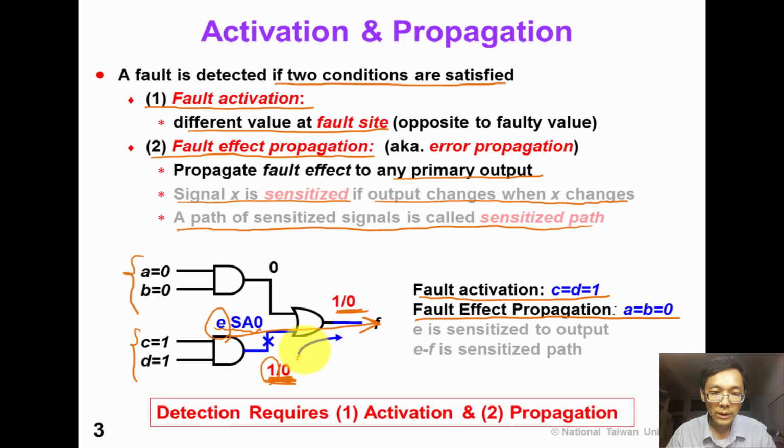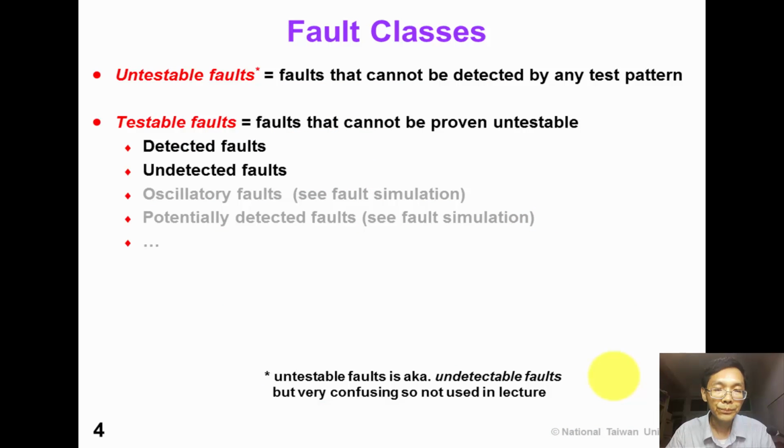For example, EF is a sensitized path. The concept of sensitization will be discussed in more detail in our future lecture. In summary, fault detection requires two conditions. Number one, fault activation, and number two, fault effect propagation.